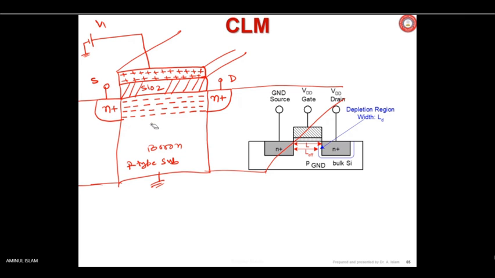The connection has to be given from the top, not from the side. So I can write here a point connection to S or D, to be given from the top.